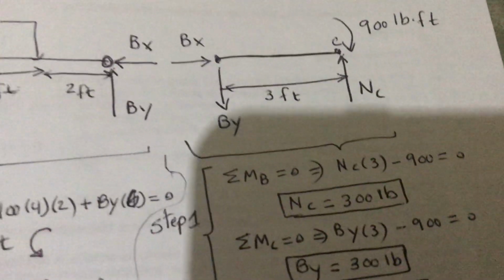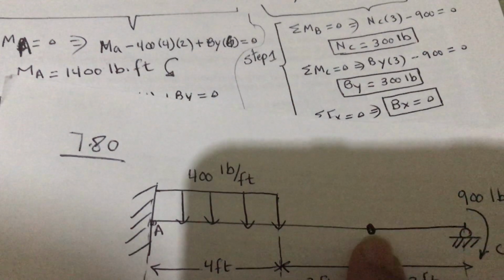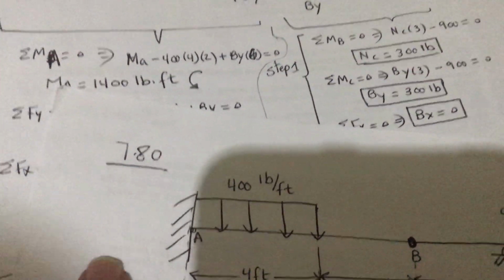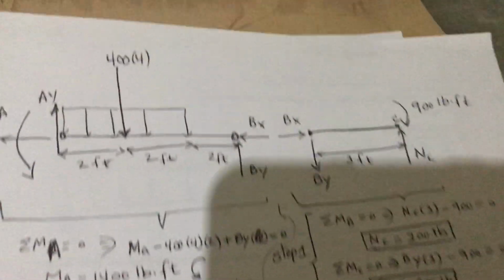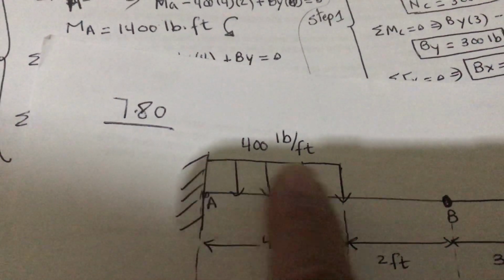Now, let's go to the other side. Remember the other side is like this. This pin will have one in the Y, one in the X, and there's another moment. It's fixed, so we'll take it like this. And remember that there was a 400 pound per foot load.